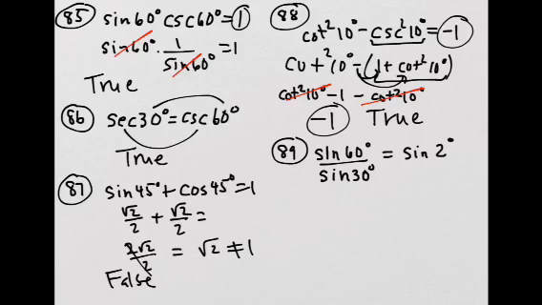Alright, so this one is saying that you can reduce the 60 and the 30 degrees to get 2, right, and that they would be equal. But we know that sine 60 is radical 3 over 2, and sine 30 is 1/2, so that reduces to radical 3. Radical 3 on a calculator, approximately, is about 1.732.